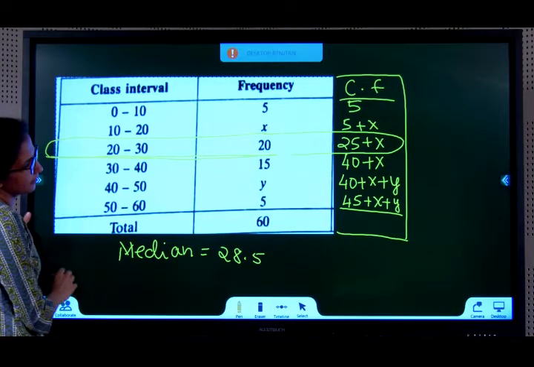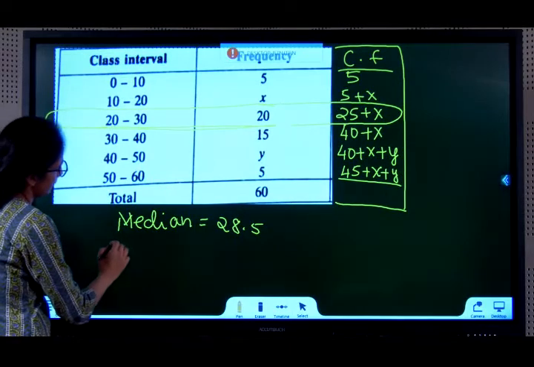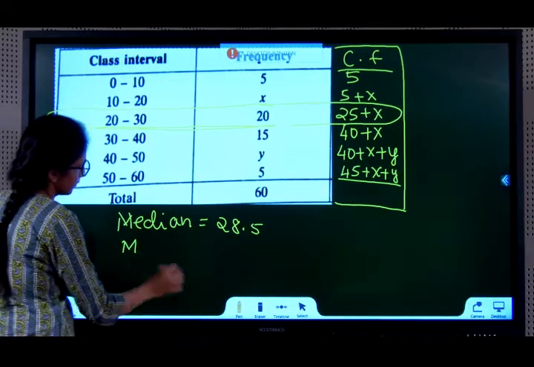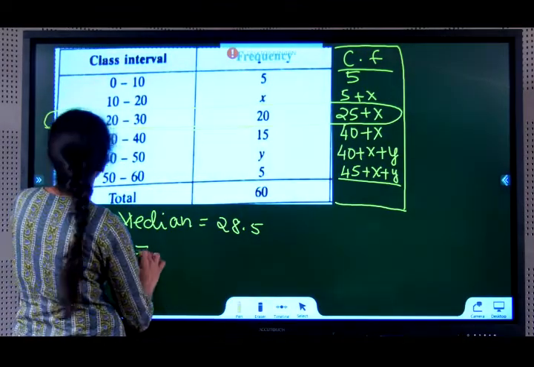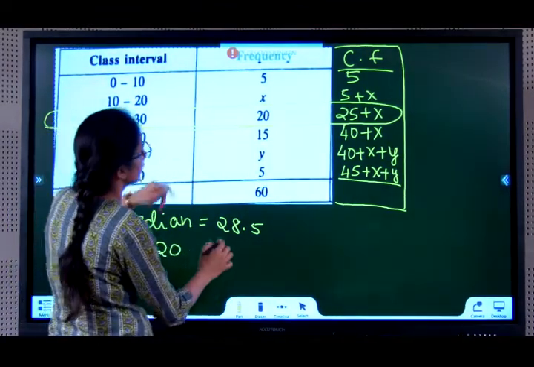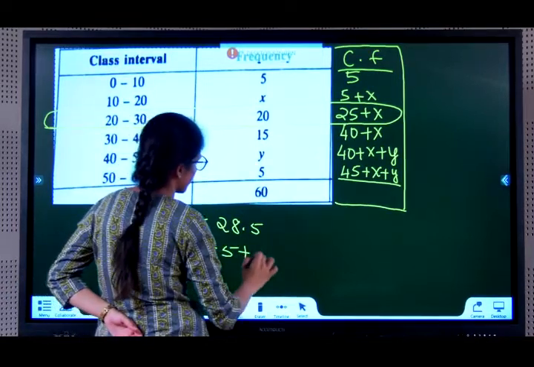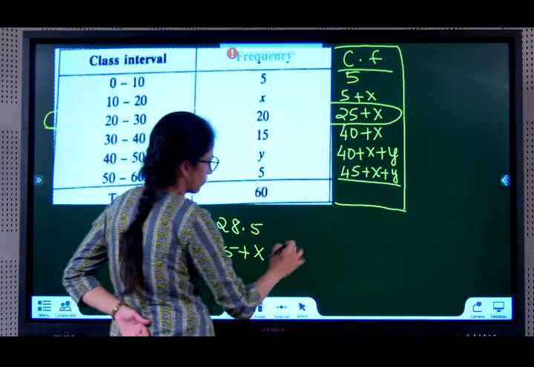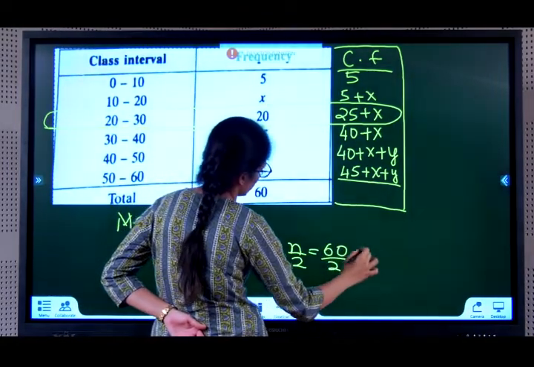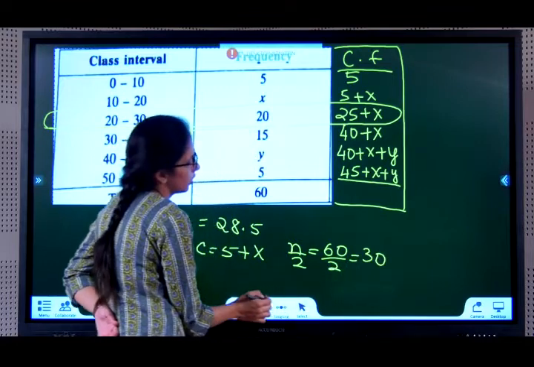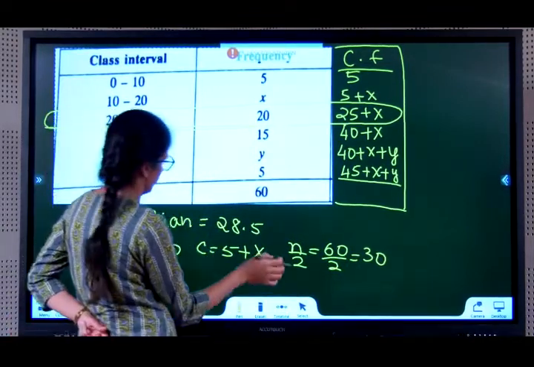Can I apply the median formula and get one equation? How? See here, median is L, lower limit 20, cumulative frequency of previous class 5 plus x, C is 5 plus x, n by 2, 60 by 2, 30, right? You know the median class.